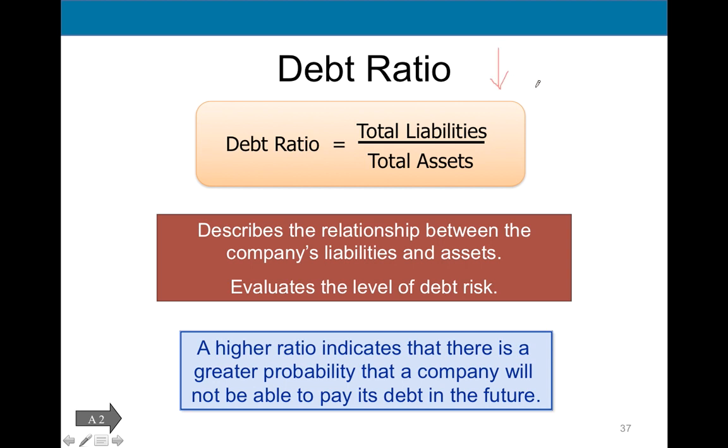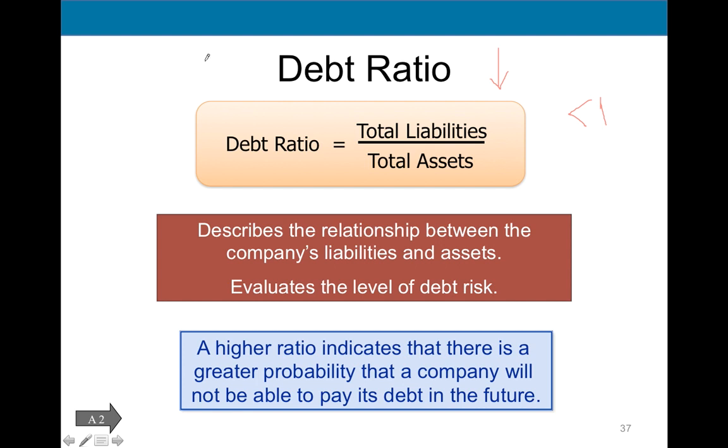If this ratio is less than 1, less than 100%, it means that I have less liabilities than assets. Actually, it should be less than 50%. If it's less than 50%, less than 0.5, I should say, that means I would have more equity than liabilities.